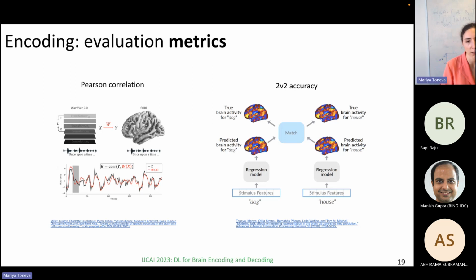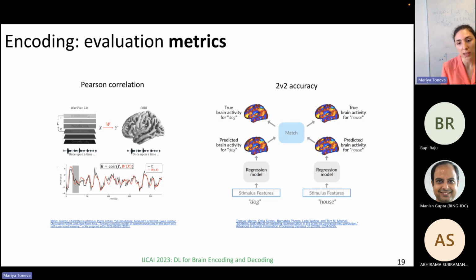And this can give you an understanding of how correlated these predictions and the true brain data are across the whole brain for many different test samples. So this is one very popular way of doing this.